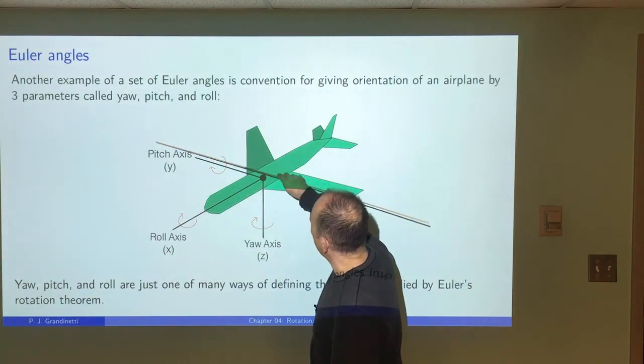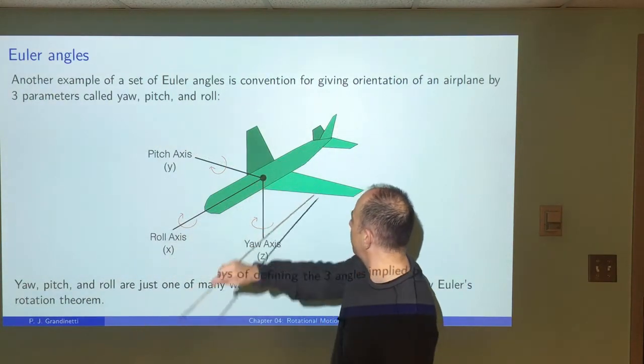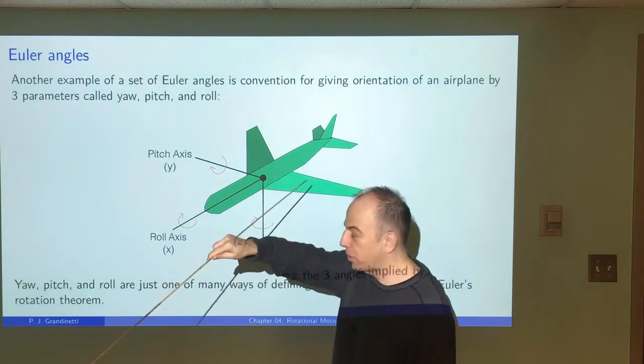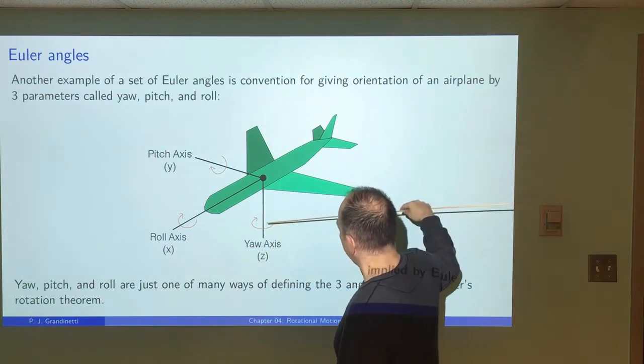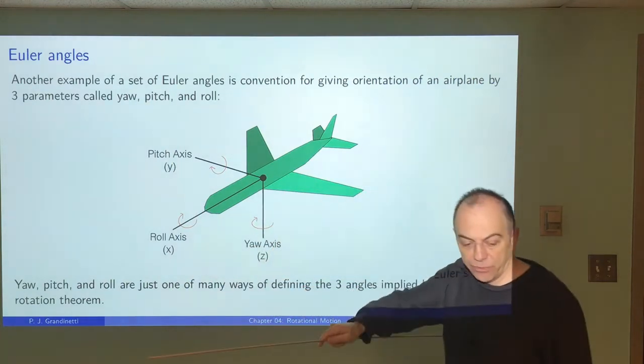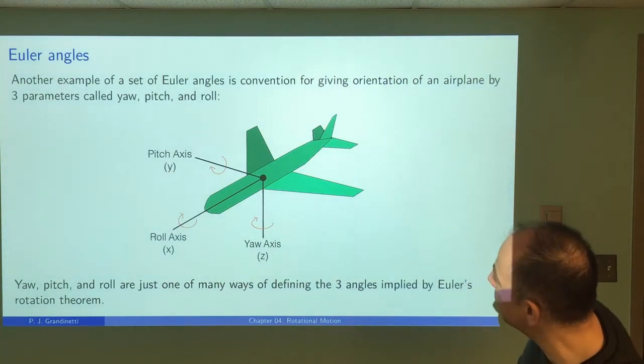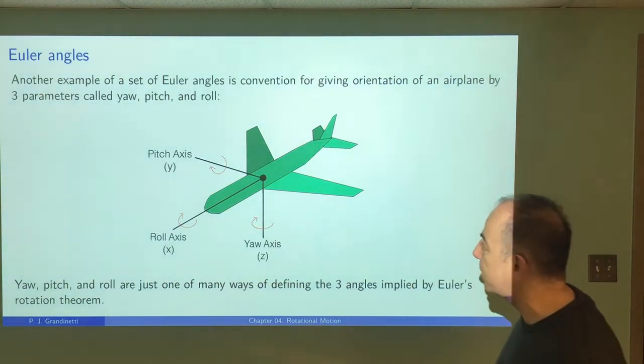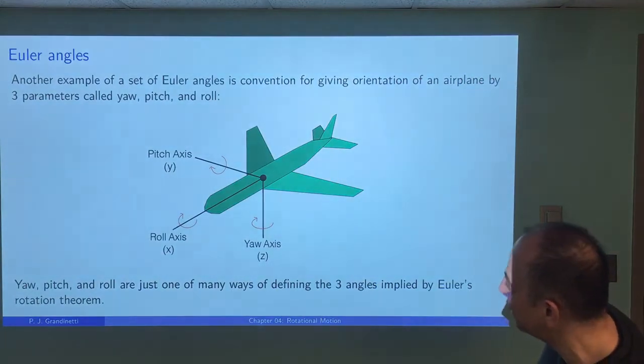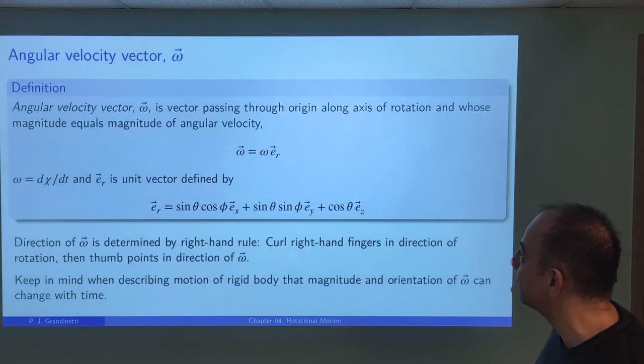The pitch axis would be used to lift the nose or lower the nose of the plane. And the yaw axis is what you would use to turn left or right. So those are 3 Euler angles that you use to specify the orientation. But we're not using that particular convention. We're using the one on the previous slide.